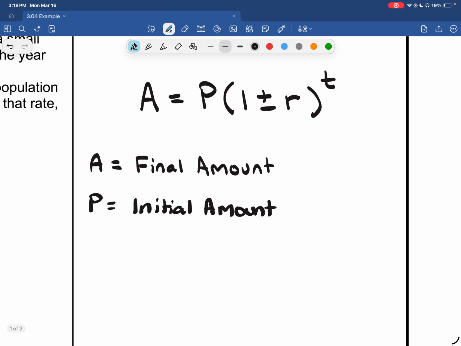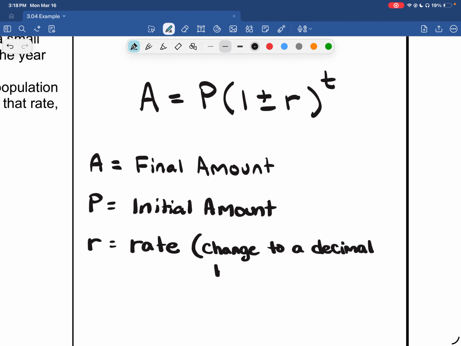In finance, it's called P for principal. R is your rate. And then always change that to a decimal. And then T stands for the time.